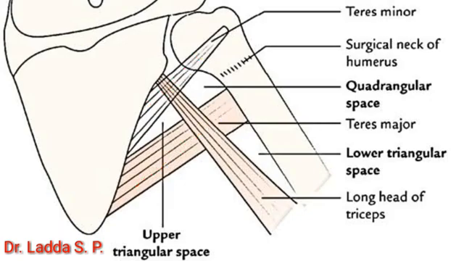At the upper part there is teres minor and at the lower part there is teres major. These two muscles take origin from the scapular region and go to the humerus, the bone of the arm. The first, teres minor, goes towards the greater tubercle of the humerus.